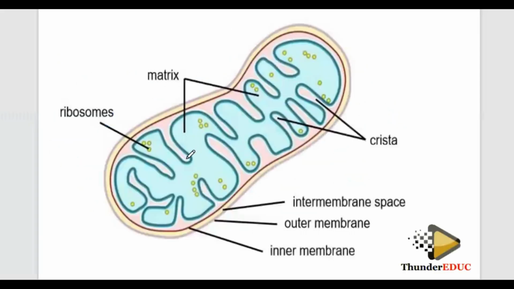Why is it infolded? It's infolded to increase the surface area for this reaction to take place. That's why when you look at it, it has these infolded surfaces, so that there is an increase in surface area. Imagine that this surface was like this.